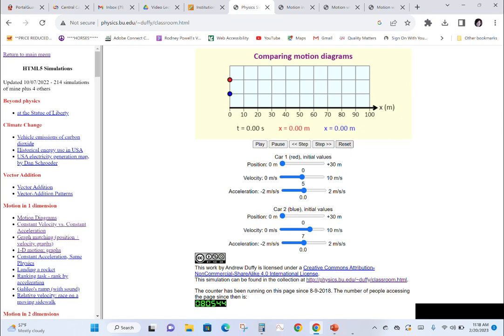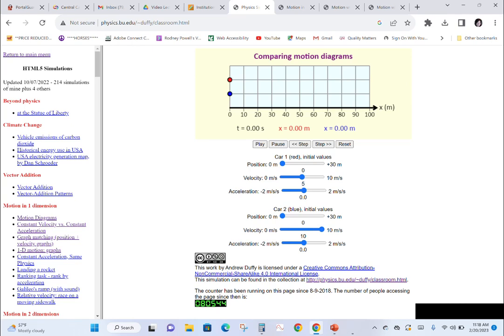All right, so what we're going to do is compare the motion of two cars. We're going to look at a car that's red, that's traveling at half the constant speed of a blue car. They're going to be tracking their motion with an oil drop.